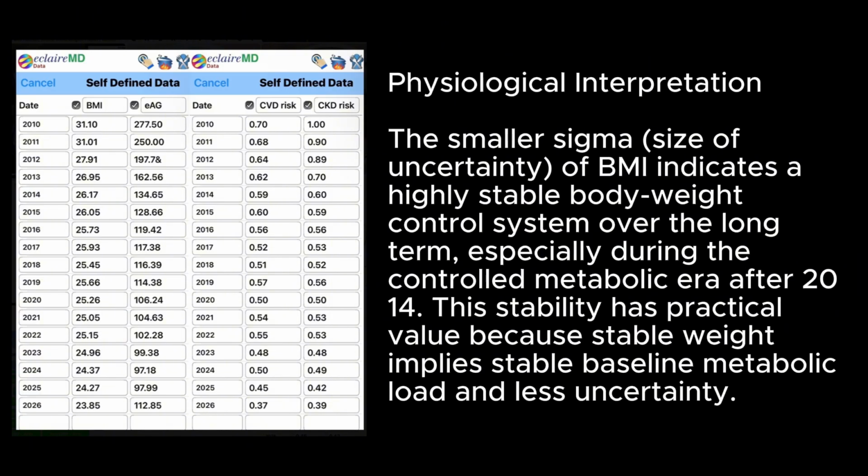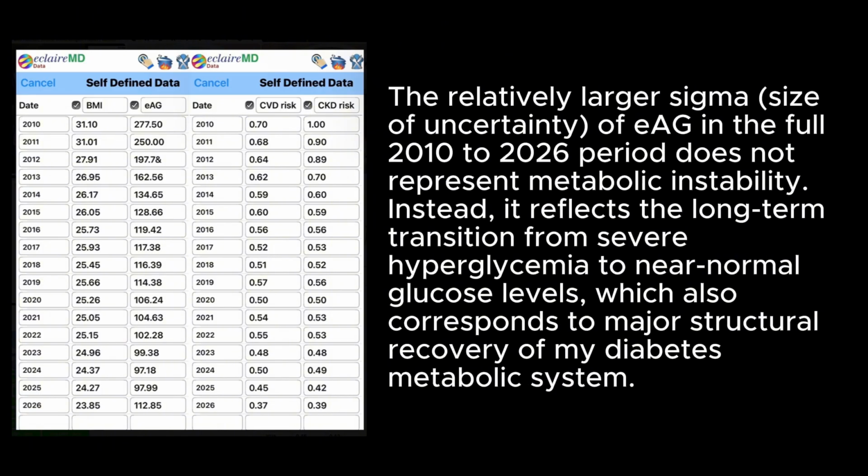Physiological interpretation: the smaller sigma, or size of uncertainty, of BMI indicates a highly stable body weight control system over the long term. Especially during the controlled metabolic era after 2014, this stability has practical value, because stable weight implies stable baseline metabolic load and less uncertainty. The relatively larger sigma of EG in the full 2010 to 2026 period does not represent metabolic instability.